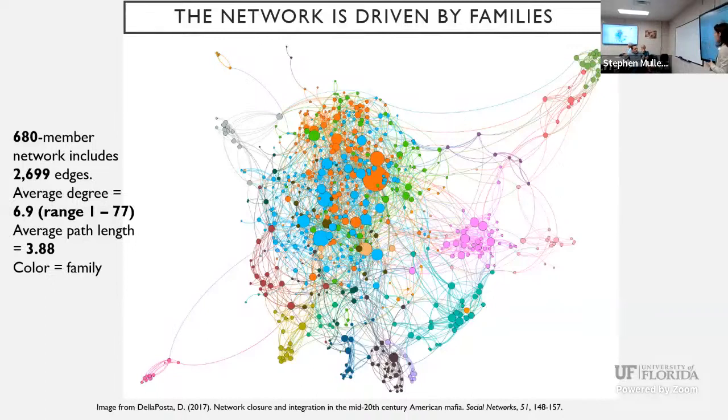This kind of big agglomeration here, these are the New York City Big 5 families. And that included the Genovese family with 149 members, the Lucchese family with 124, the Gambino family with 67, and the Profaci family with 25 members. And these organizations comprise about 46% of the network.